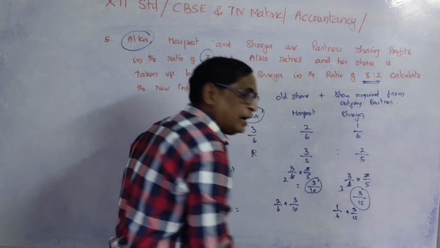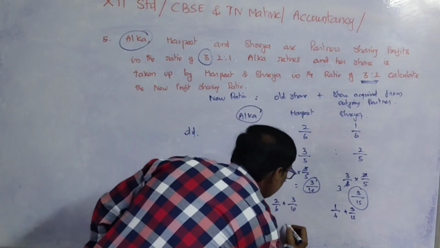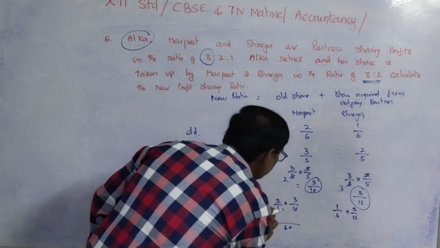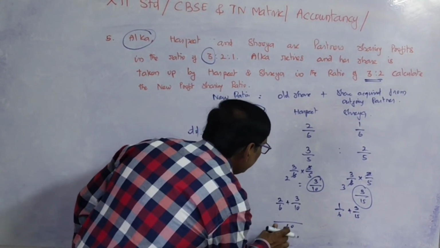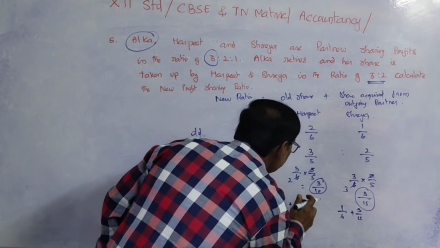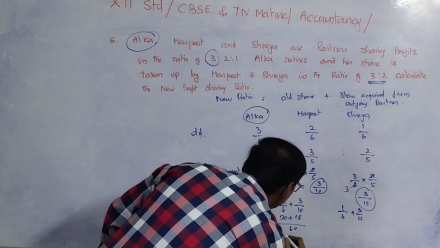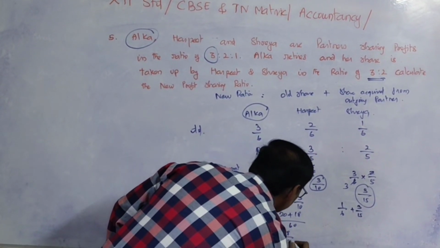If I add, then we will find out the new ratio. So 60 will be the LCM. 6 times 10 is 60, 10 times 6 is 60, so 10 times 2 is 20, plus 6 times 3 is 18. So 38 divided by 60.